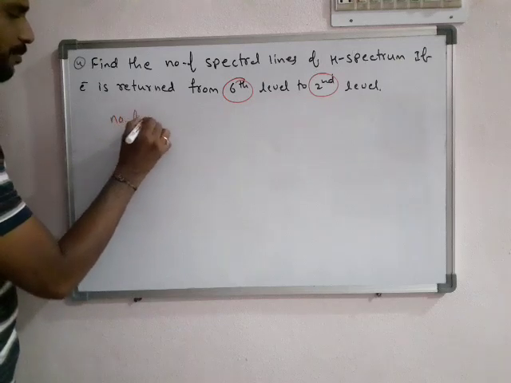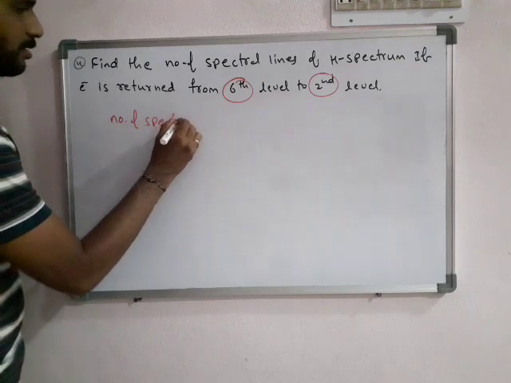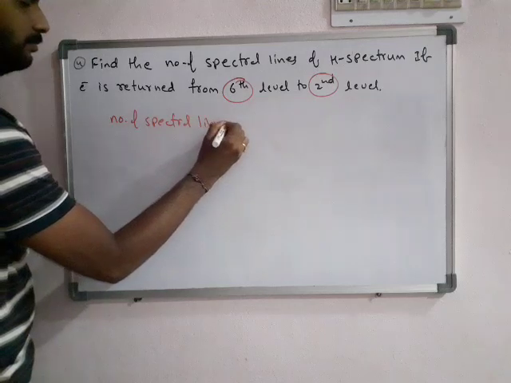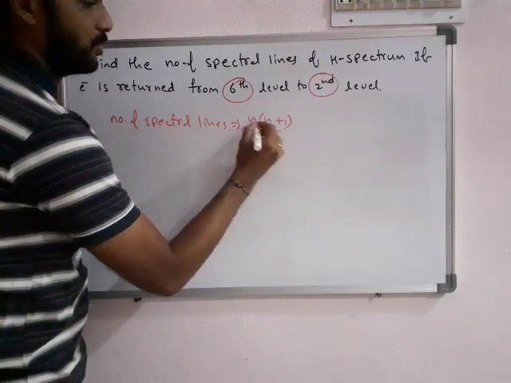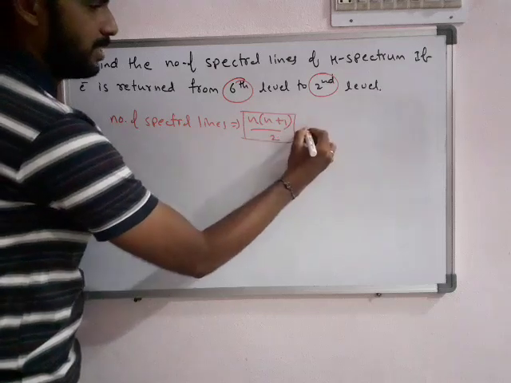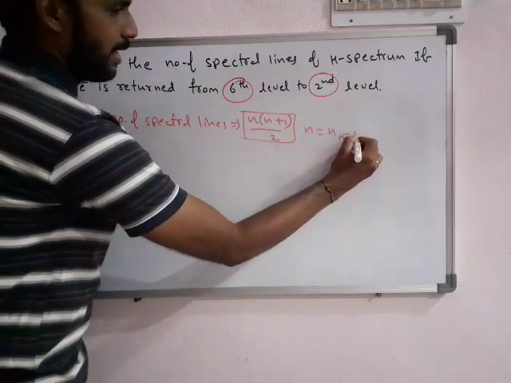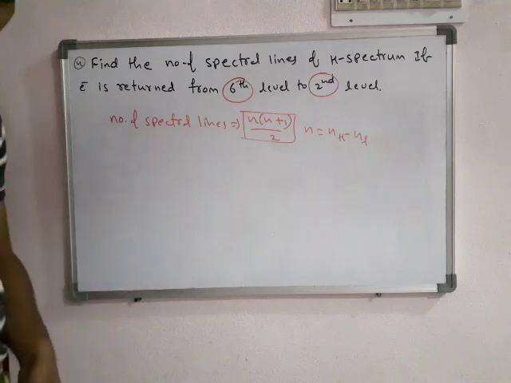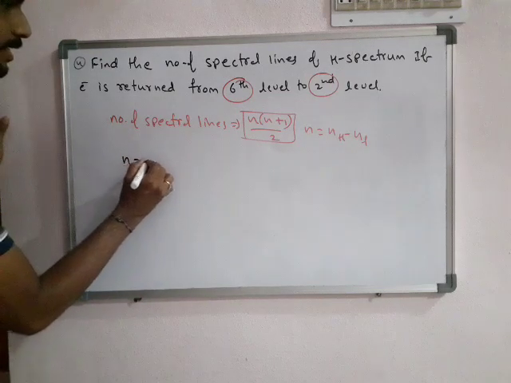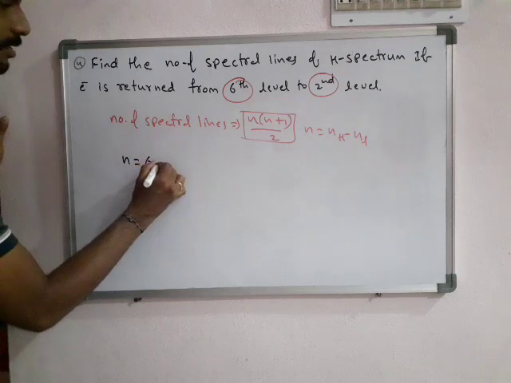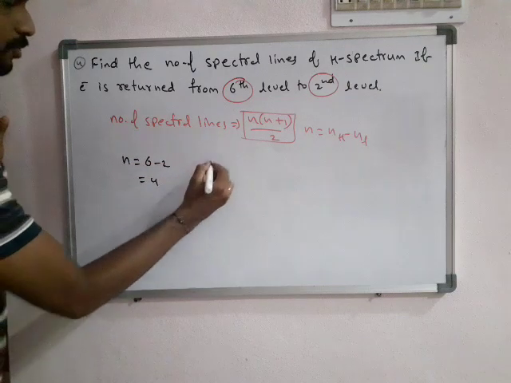We know the formula: number of spectral lines is N into N plus 1 by 2. And what is N? N higher minus n lower, the number of the higher level minus the number of the lower level. So what is N here? 6 minus 2, that is 4.